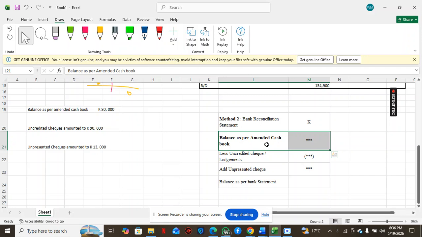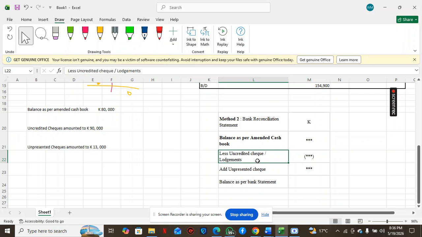You received the payment by check, you recorded it in your cash book, but the bank is not aware of it because you haven't taken the check to the bank. That's an uncredited check or a lodgement.